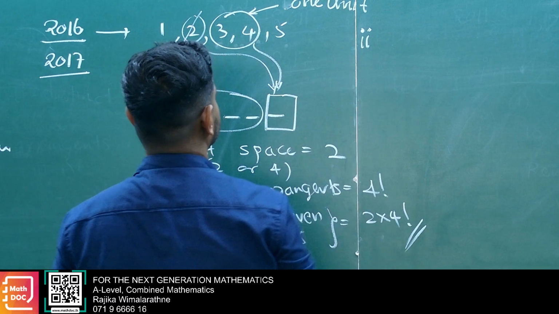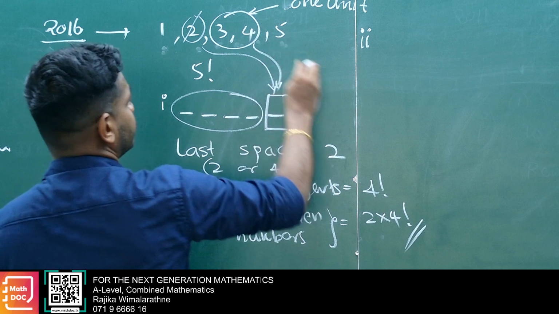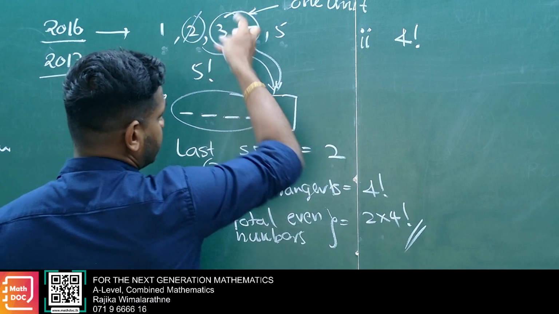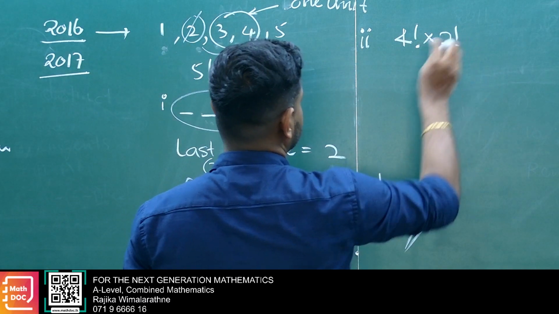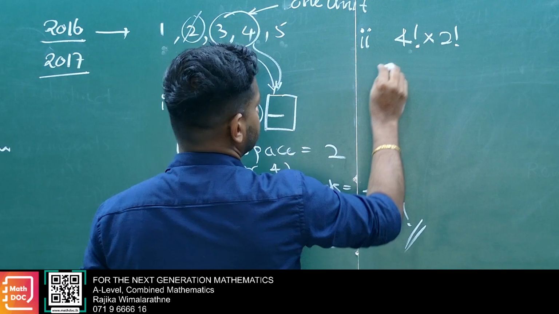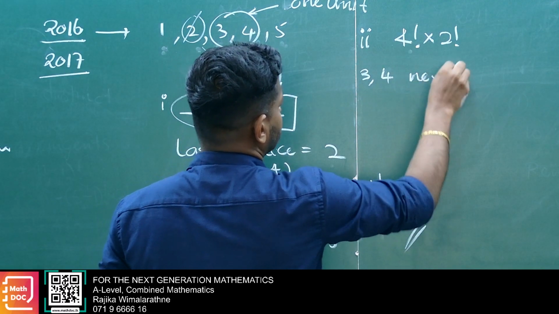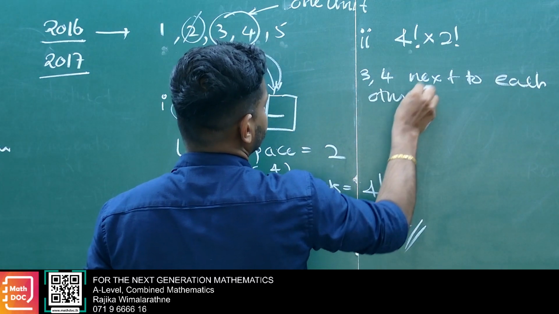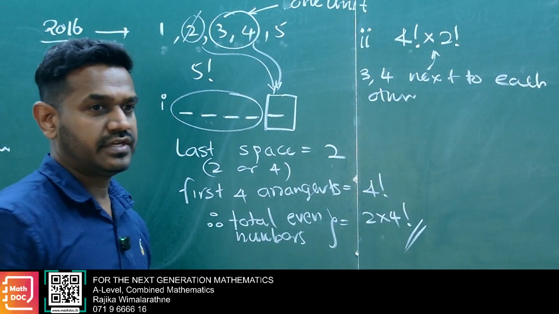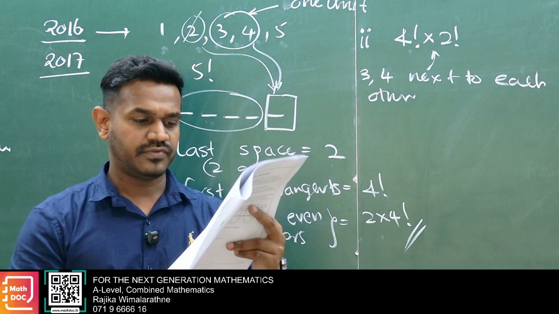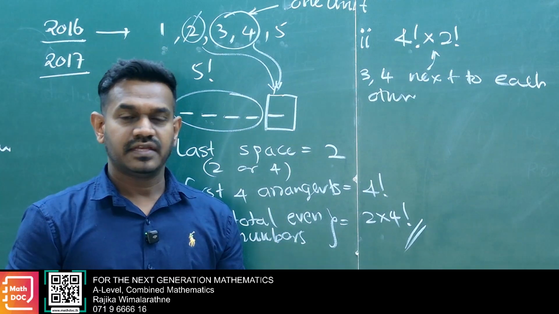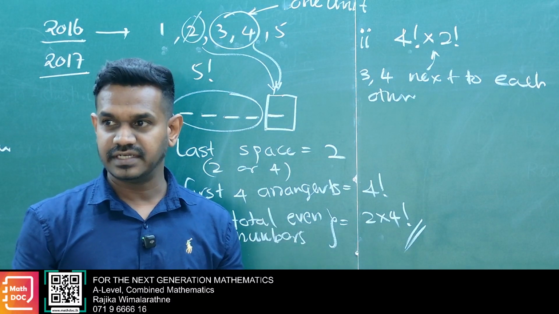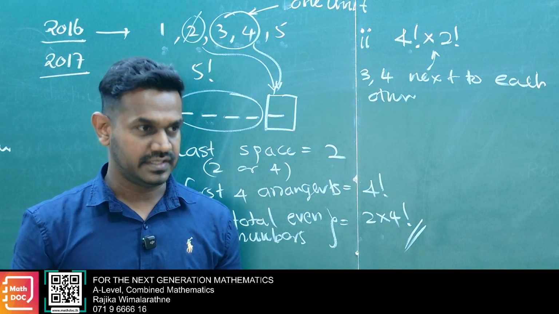Now we have 1, 2, and the unit, arranged in 4 factorial ways, and we can swap 3, 4 in 2 factorial ways. So 4 factorial into 2 factorial ways. They stay together, and we consider them as one single unit.